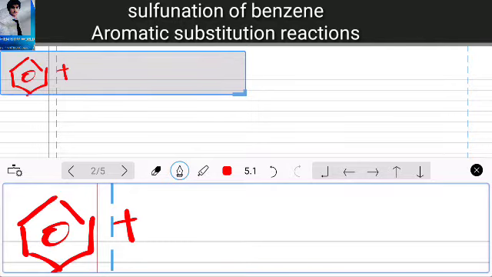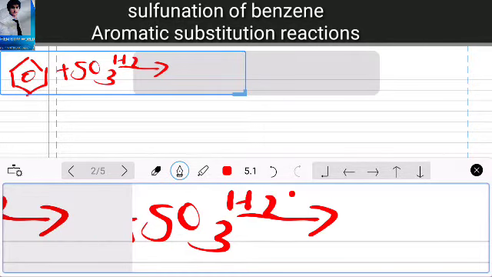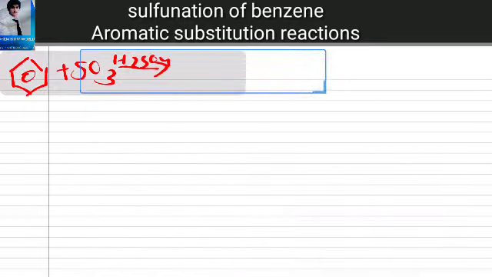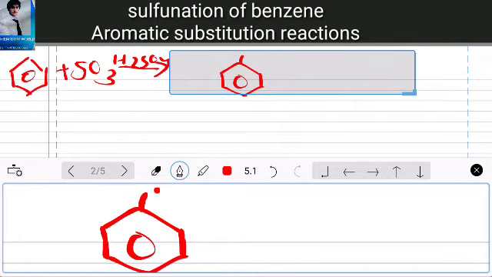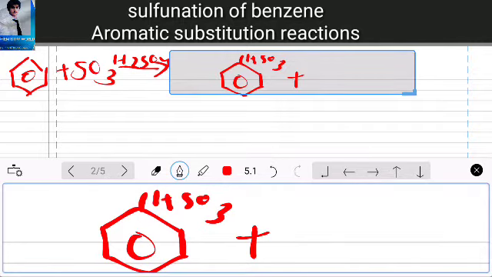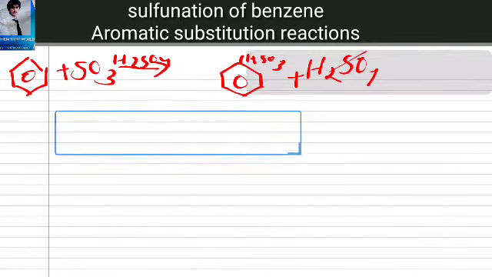It can react with SO3 plus H2SO4, and we can get benzene-SO3H plus H2SO4, the catalyst returns to its original position. So it is our reaction.